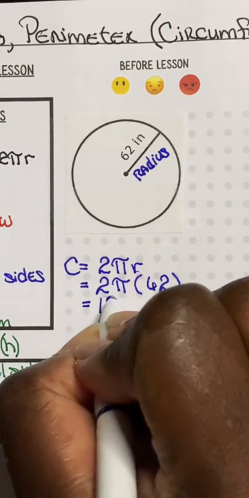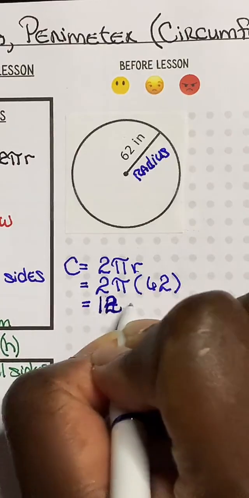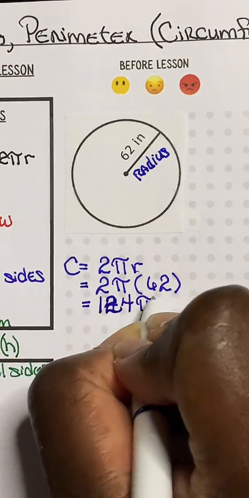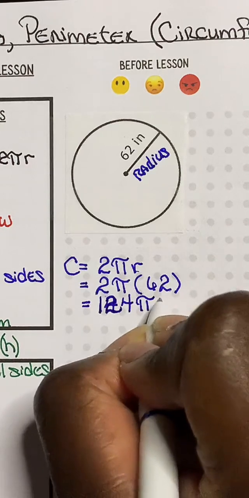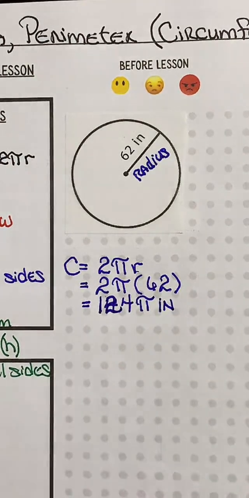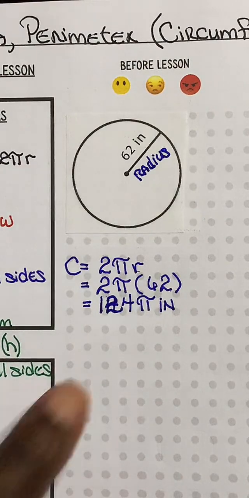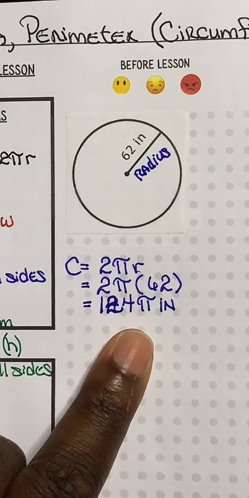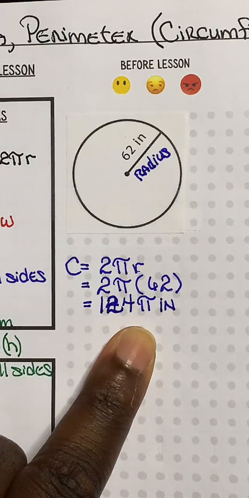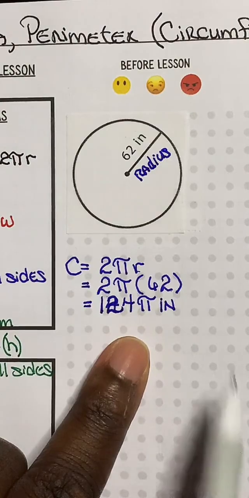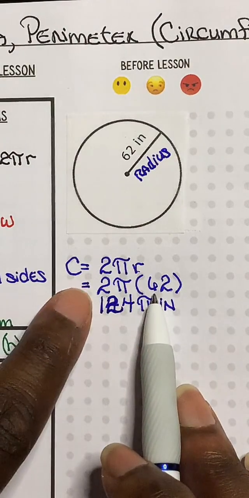Told you it's going to be a crazy day. 124 pi inches. Not squared inches, just inches. If they want the exact measurement, you keep it in terms of pi. So if you ever see exact and you notice a lot of your answers have a pi in it, they just want you to multiply the 62 and the 2.